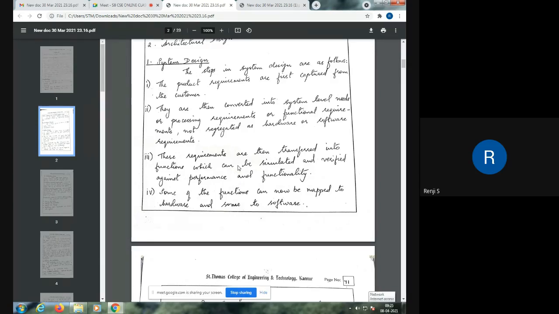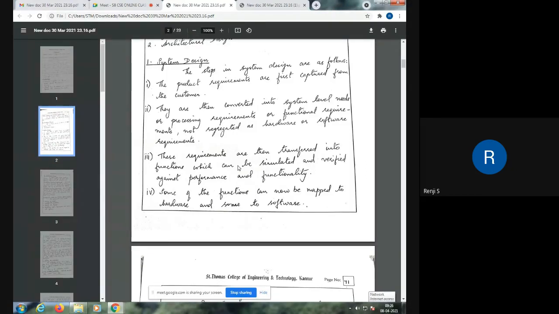There are several tools that assist in this process: integrated development environments, simulators, emulators, etc. are used for this stage. And these processing requirements or functional requirements are transferred into functions which can be tested and verified.